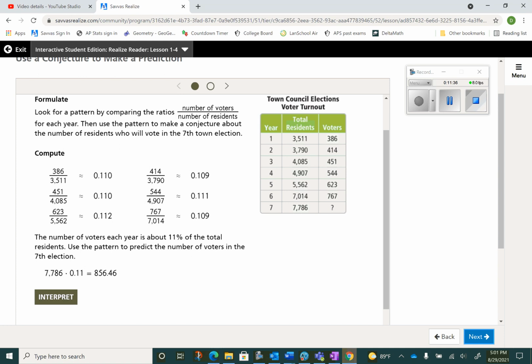In year 7 of this, we have 7,786 residents. If voter turnout there is approximately 11%, now careful, we can't say that there are going to be 856.46 voters.